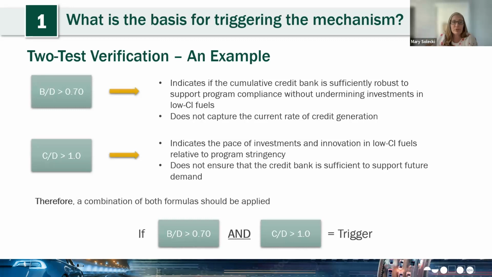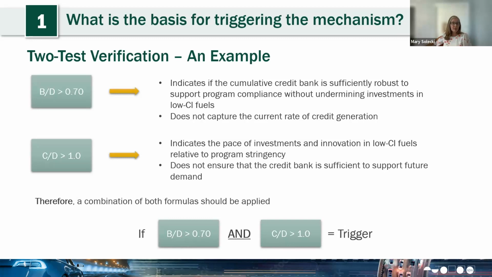Because, for example, you can imagine a scenario where immediate credit generation is very robust compared to annual deficits, but what if there's an anemic credit bank? Or what if the bank is relatively large, but the current rate of credit generation is very low, and it's obvious the bank will be drawn down in the near future, hence wanting to incorporate all 3 components.